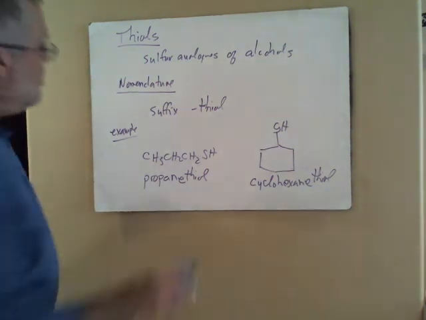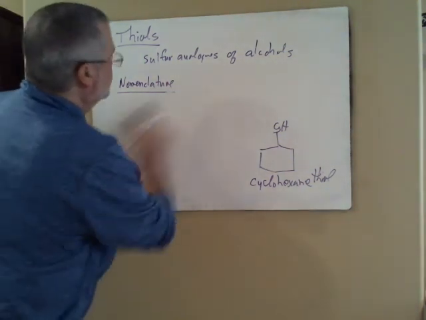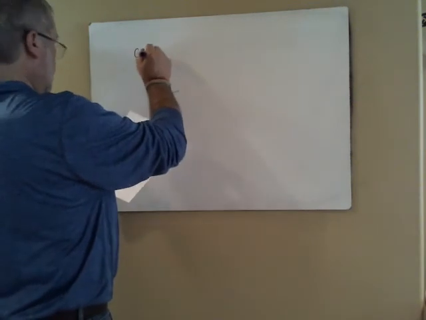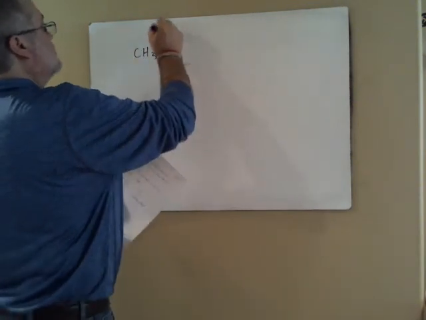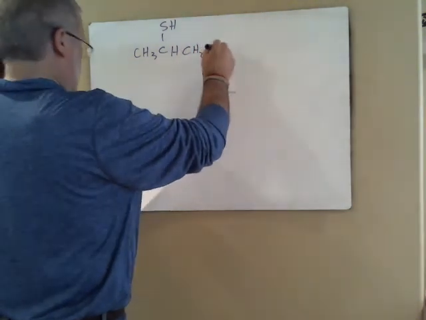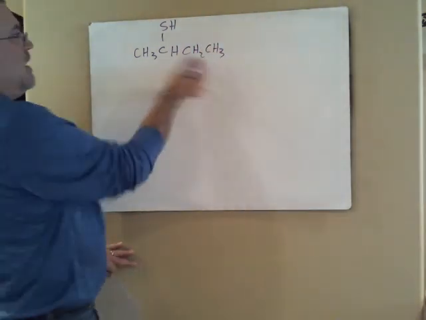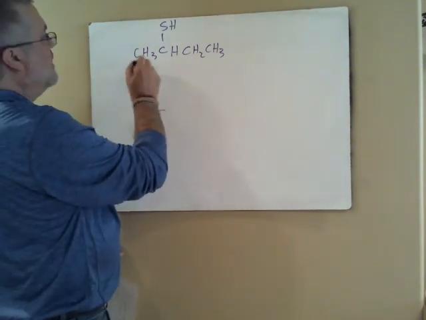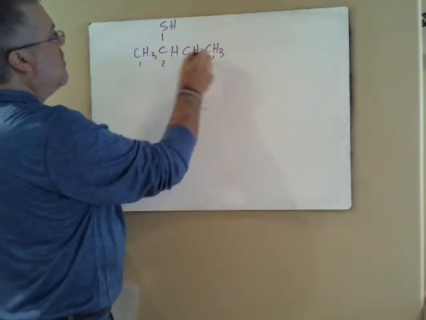Another example. Okay, here, if this were an alcohol, remember you'd be numbering from this end, 1, 2, 3, 4, right?